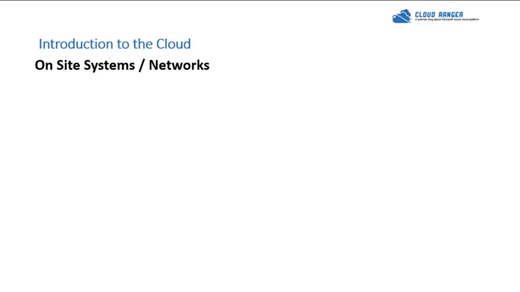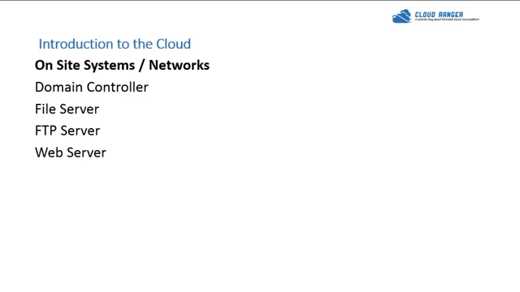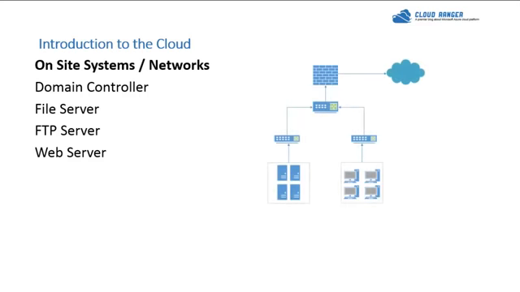You'd have a server like a domain controller, a file server, FTP server, web server. They were all housed on site, and you had physical access to these systems and networks, routers and switches. So you'd have a bunch of servers connected to a switch, and a bunch of client computers connected to a switch, to a router, and to a firewall, which would basically be connected to your ISP.